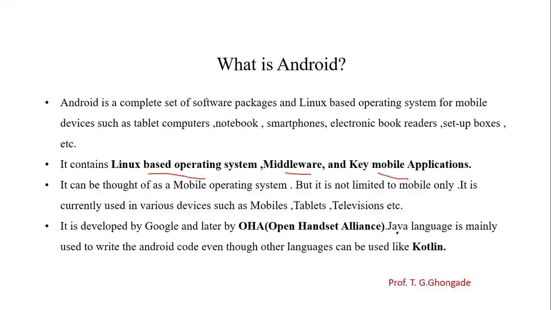These people have taken over the Android development responsibilities. Now the Java language is mainly used to write Android code, even though other languages can be used, for example Kotlin. So here we have two options: the first one is Java and the second one is Kotlin. In this particular subject, we are going with Java.